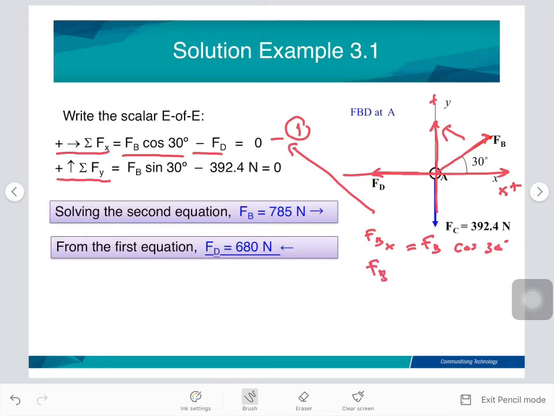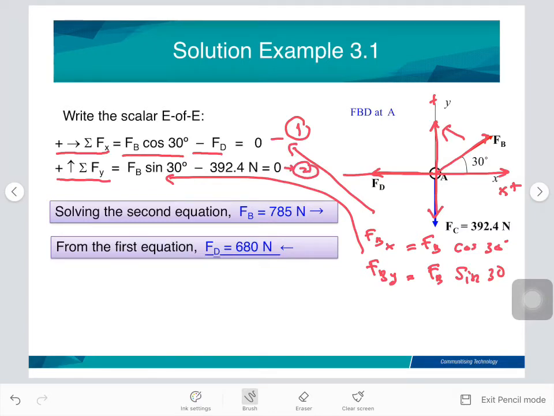So here we have FBY is equal to FB sin 30. So that is why summation Fy is equal to FB sin 30 minus 392.4, because this weight is opposite direction to the positive. So we have two equations here.